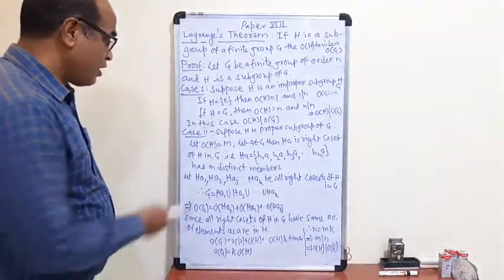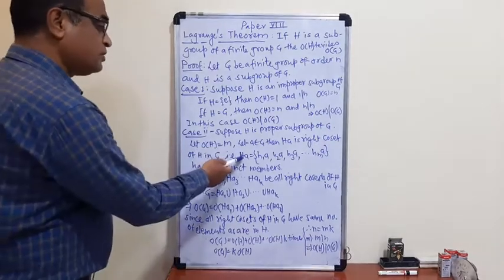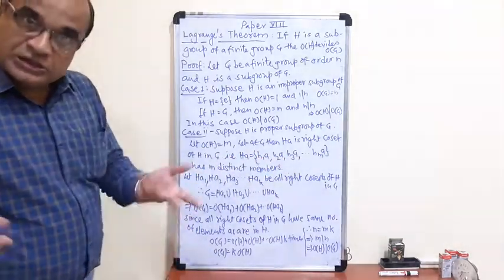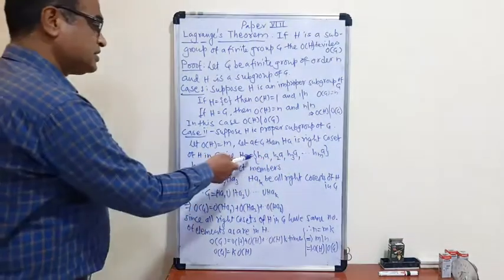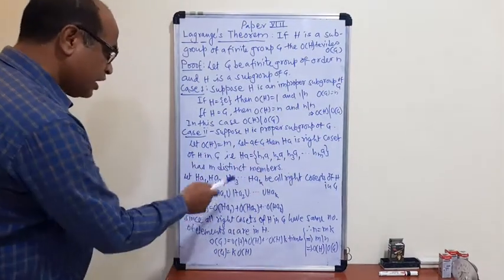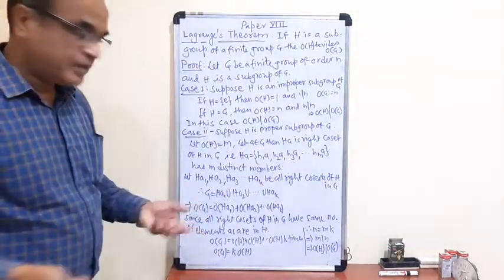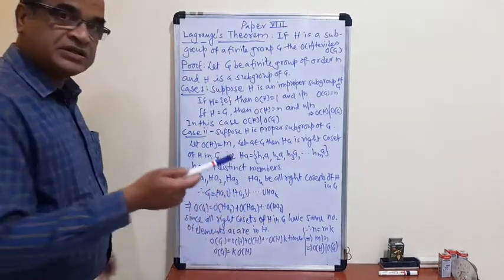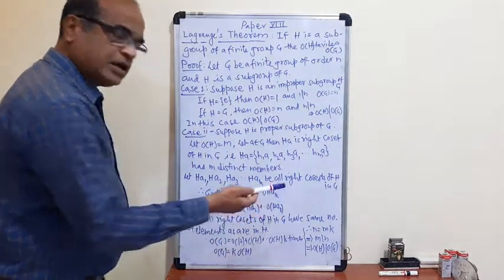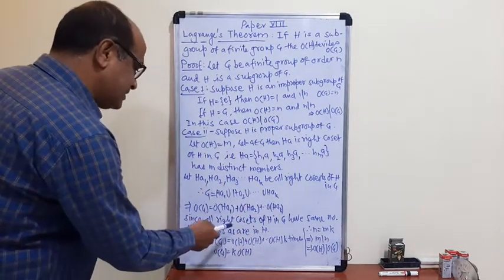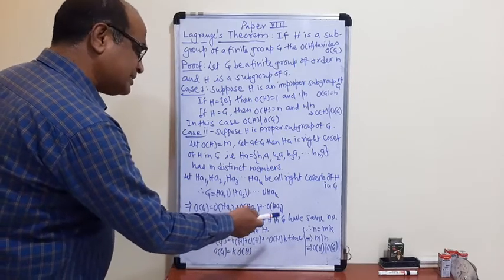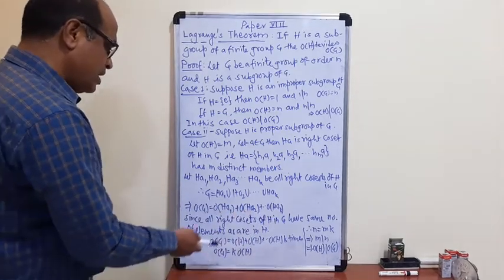So the order of each right coset is also m. So m plus m plus m plus m, and so on.